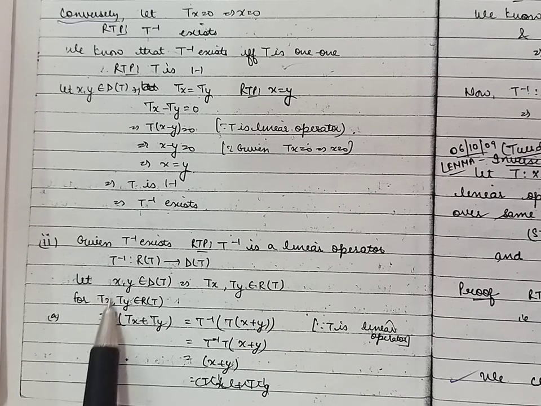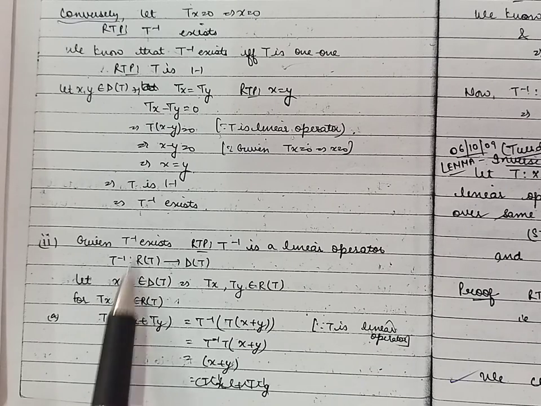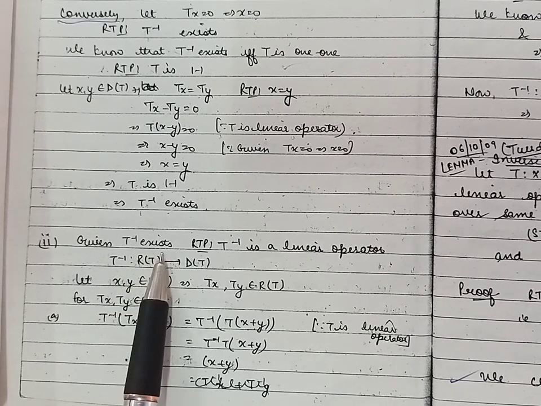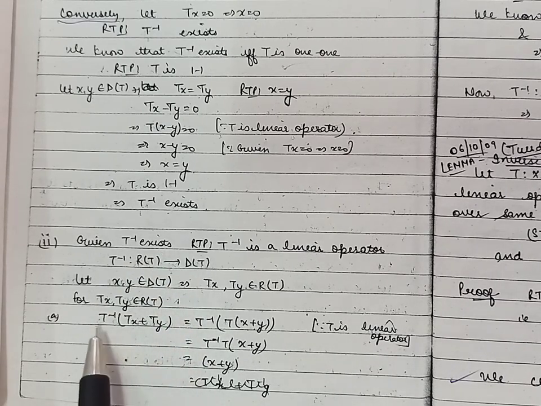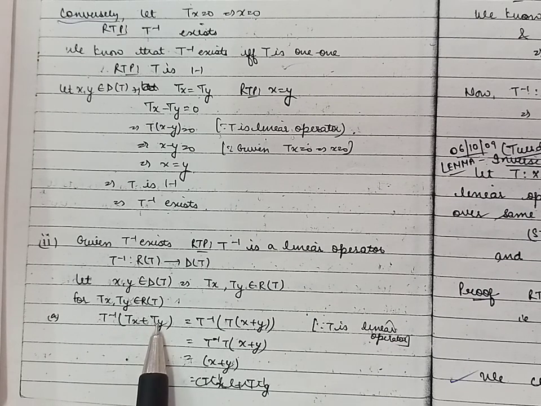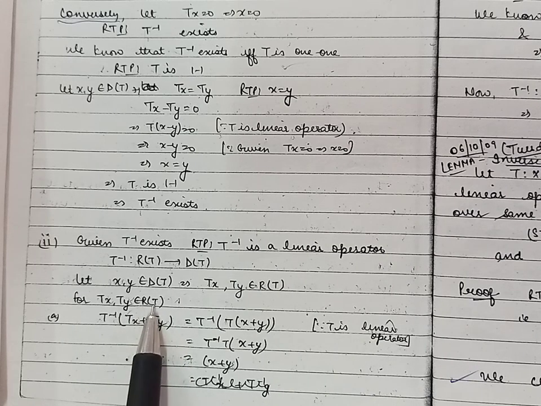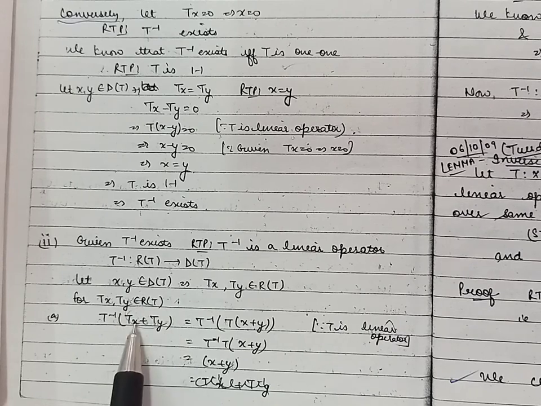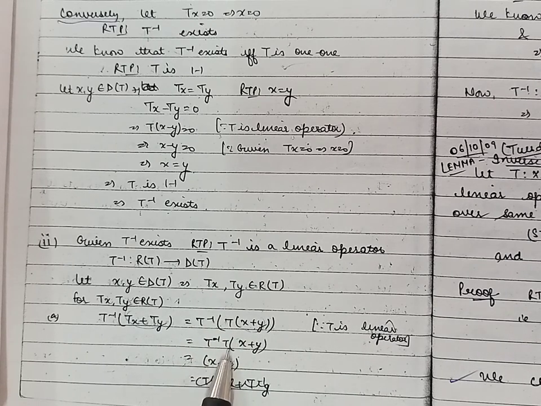So let us take two elements Tx and Ty from RT and we have to prove that T inverse of Tx plus Ty is equal to T inverse of Tx plus T inverse of Ty. Now because T is linear operator, Tx plus Ty can be written as image of x plus y under T. Now this can further be written as T inverse T operated on x plus y.